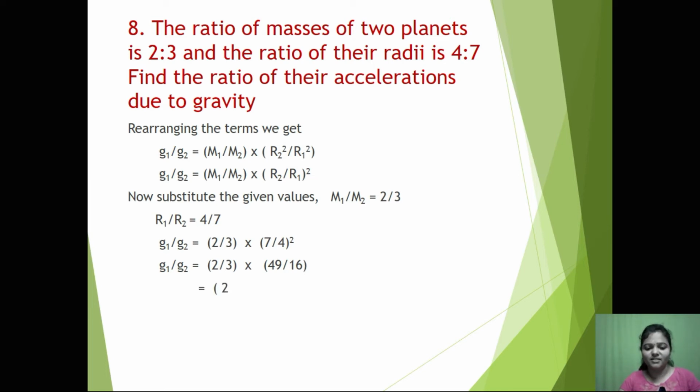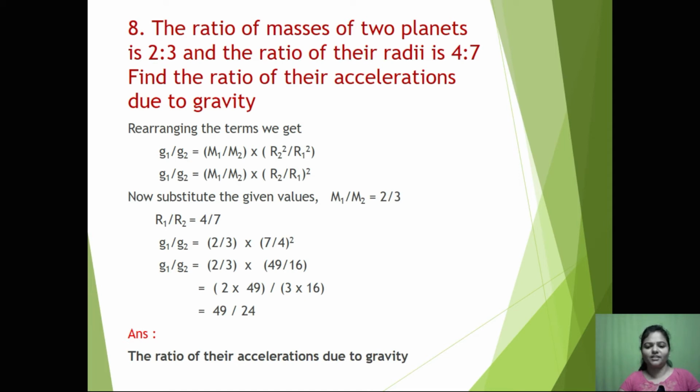Now on further simplification, g1 divided by g2 is equal to 2 into 49 divided by 3 into 16. So the answer is 49 divided by 24. So the ratio of g1 divided by g2 is equal to 49 divided by 24. The final answer is the ratio of their acceleration due to gravity is given by 49 divided by 24.